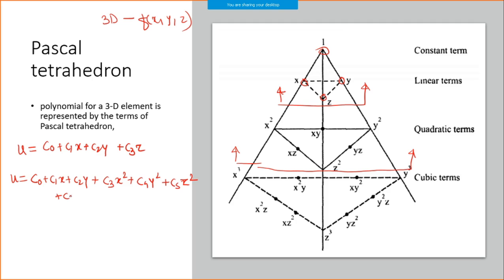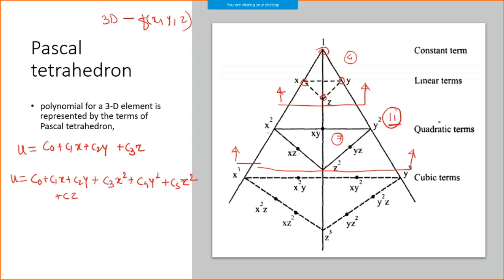Here I miss xy, yz, zx, and all these terms should be taken into account. Here in linear I have 4 terms. Here it is 1, 2, 3, 4, 5, 6, 7. 7 plus 4, then I will get 11, if I'm going to have a quadratic equation.